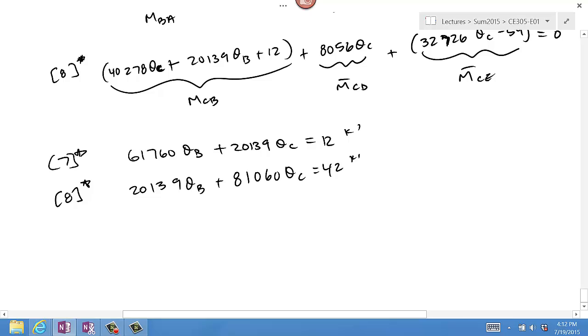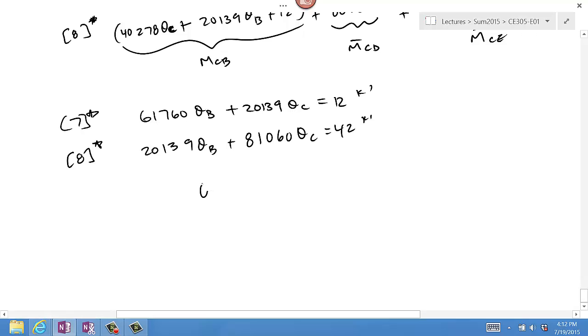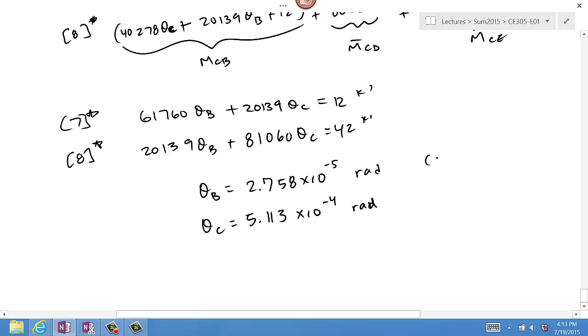Solve these two equations simultaneously, and you're going to get that theta B is 2.758 times 10 to the minus 5, and theta C is 5.113 times 10 to the minus 4. The units for these are always radians. Because these two angles are positive, that means that the rotations are clockwise.